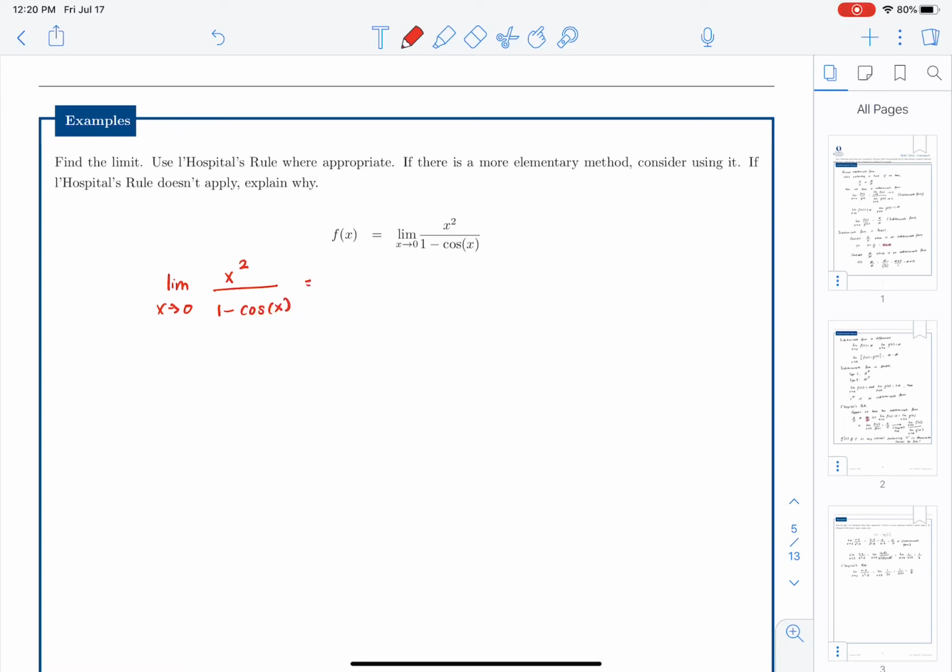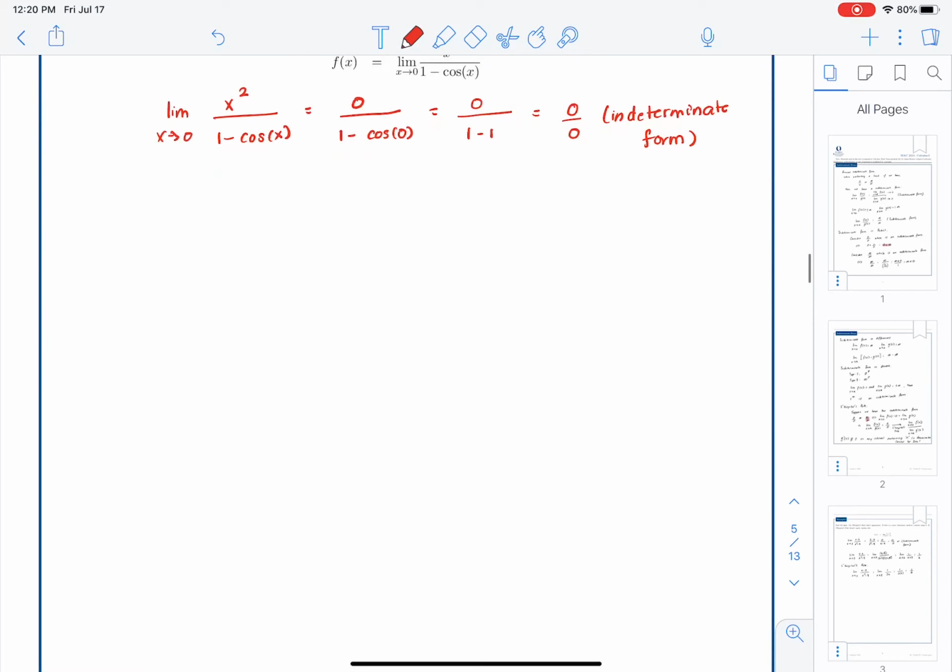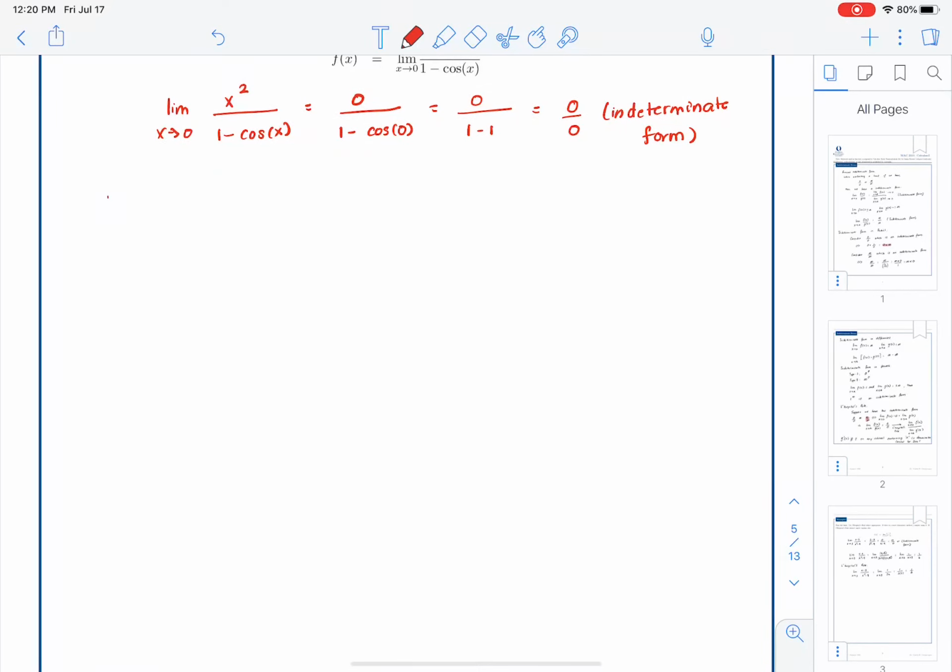Let's apply the limit. The numerator limit would be 0. The denominator, 1 minus cosine of 0. But we know cosine of 0 is 1, so we have 1 minus 1, which is 0 over 0, and that is an indeterminate form. So we could use L'Hopital's rule.